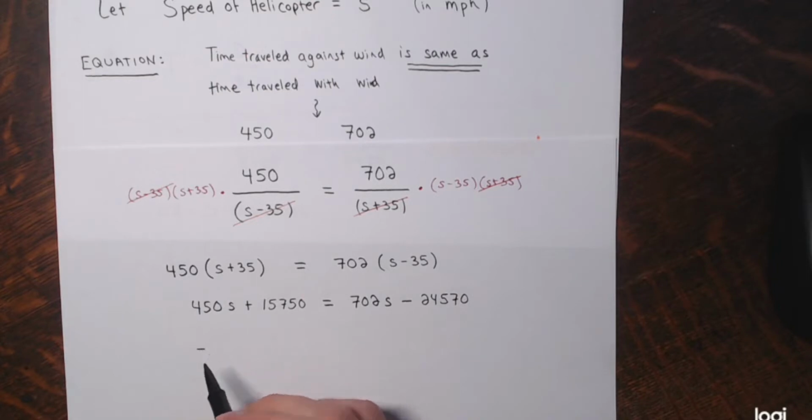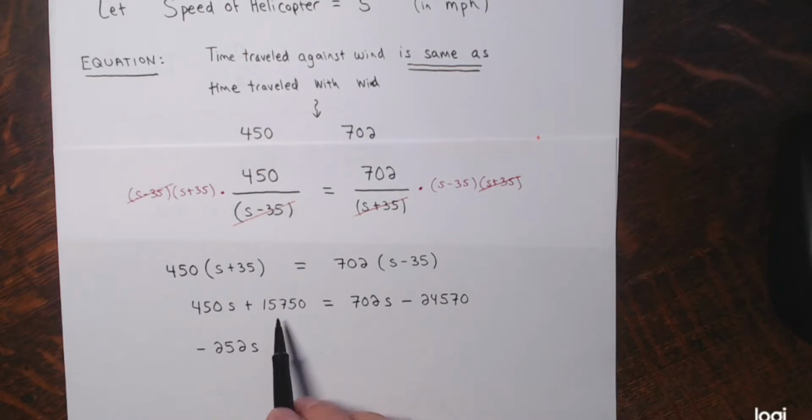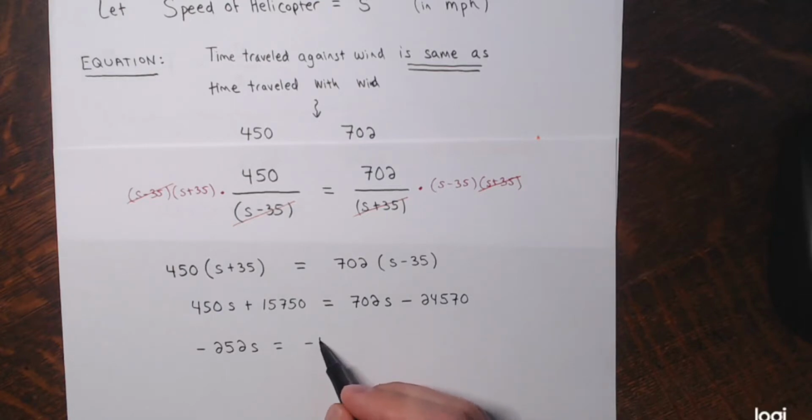450 minus 702 gives me negative 252, right? So I have negative 252s on the left, and then subtracting 15,750, we got negative 24,570 minus 15,750. Go over here, negative 40,320.